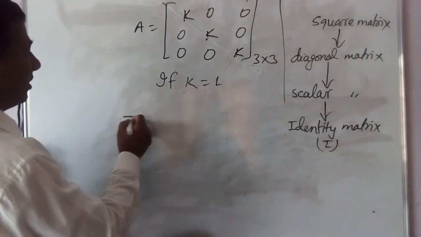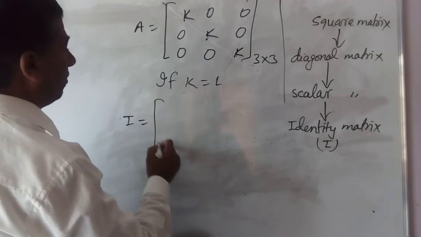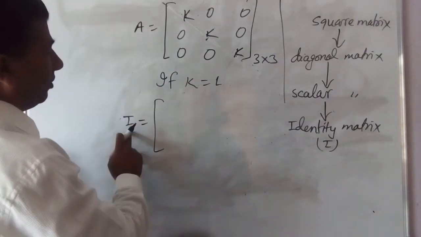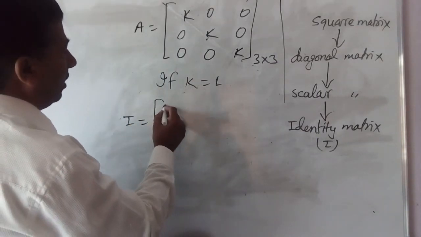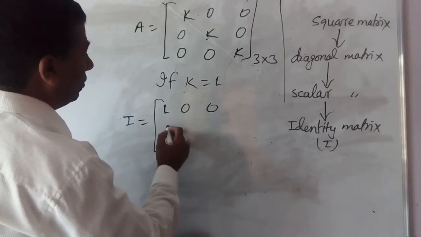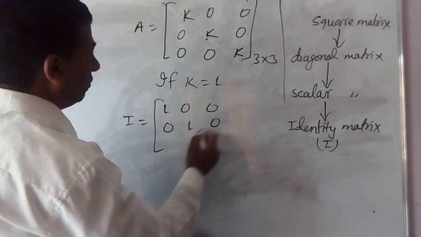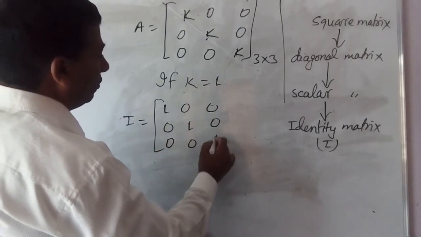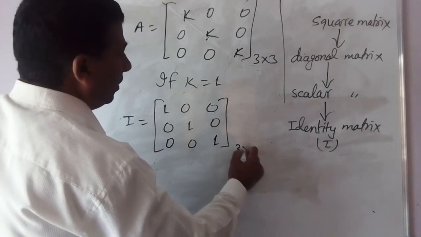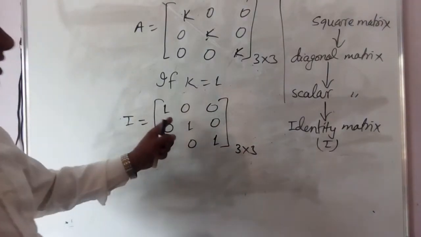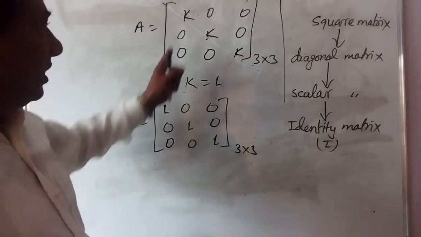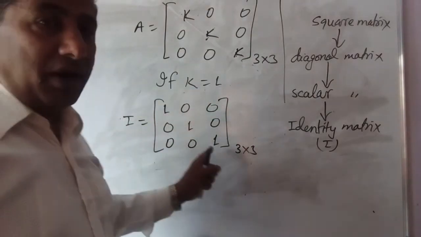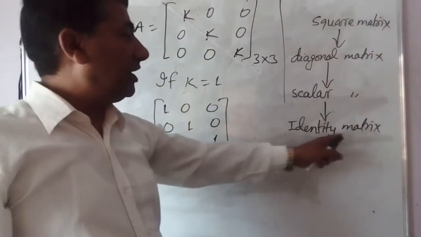Now I'll write here this. In place of this a, I wrote here I. Now 1, 0, 0, 0, 1, 0, 0, 0, 1. In this way we can find the identity matrix. Now see here, what is the difference? In place of k, there is only one, that is the identity matrix.